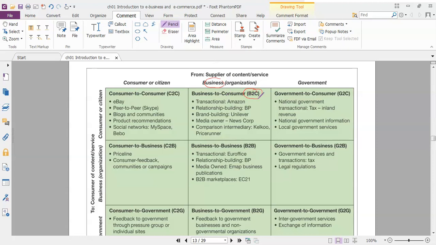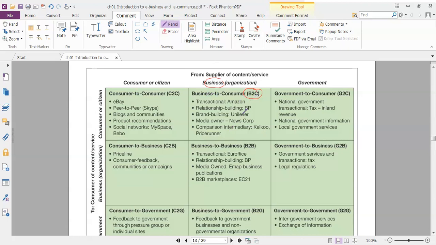Amazon.com is one of the popular websites that does business. Any products that you need, you can go there on Amazon. Relationship building, brand building, Unilever, media owner, and comparison intermediary. These are some examples of a service from business to consumer.